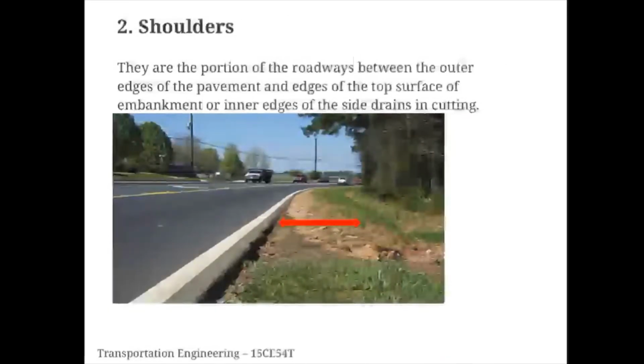The next is shoulders. They are the portion of the roadway between the outer edges of the pavement and the edges of the top surface of embankments or the inner edges of the side drains and cutting.